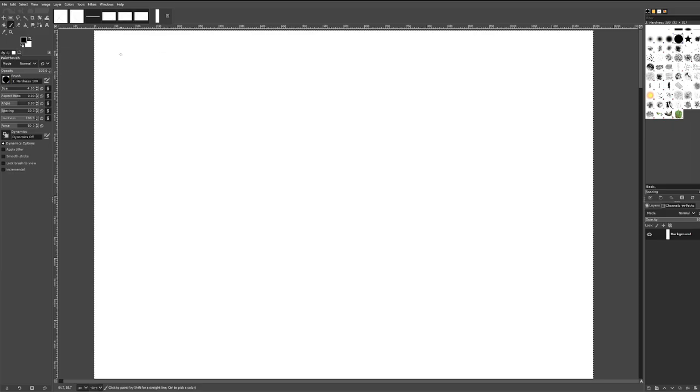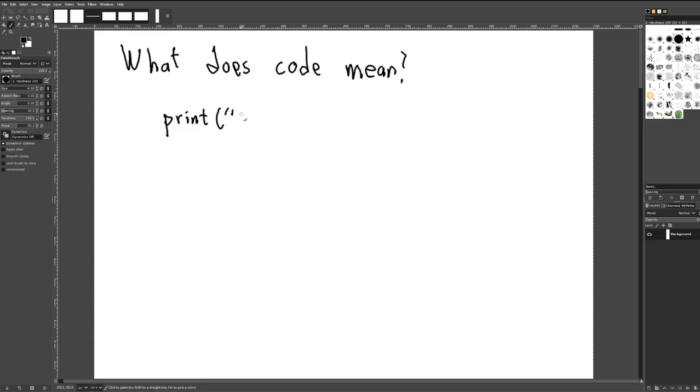First I'm going to talk about what code means, because code and math have a lot in common. For example, let's suppose we have a computer program that says print hello world.